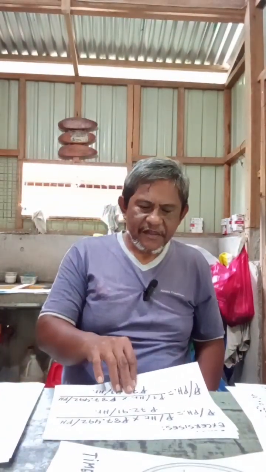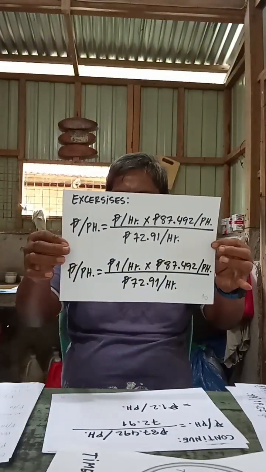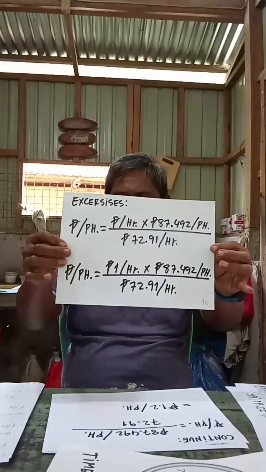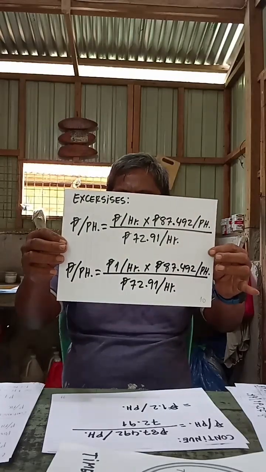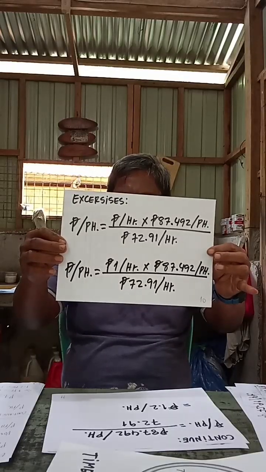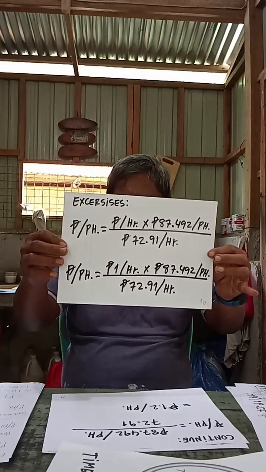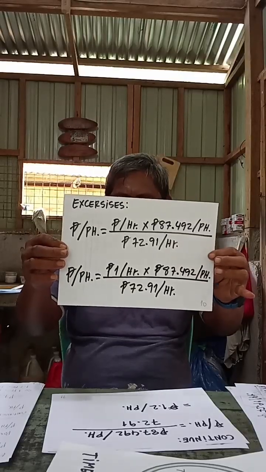Okay. Exercises. Again, the formula to find pesos per peri hour is pesos per hour times 87.492 pesos per peri hour over 72.91 pesos per hour.